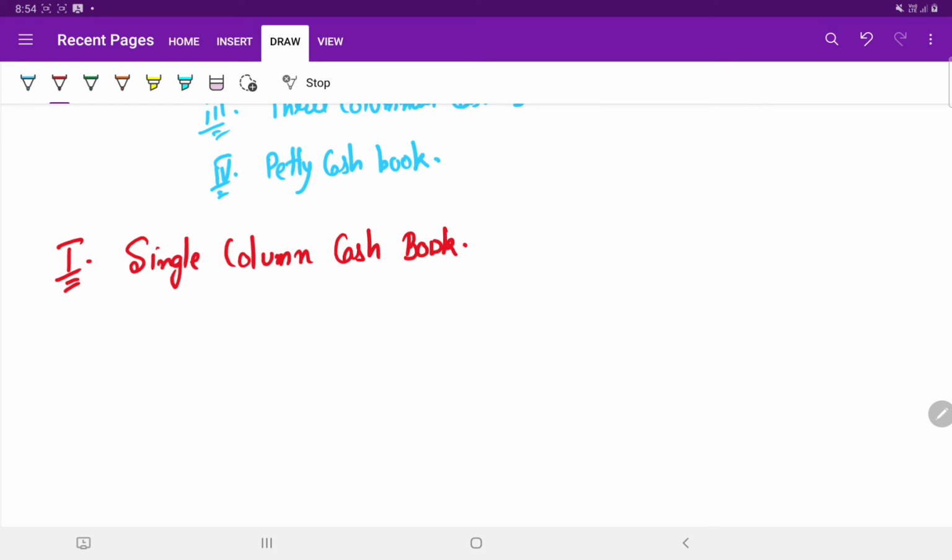So a cash book which contains only one column of amount is known as a single column or a simple cash book. So it only contains one column of amount.